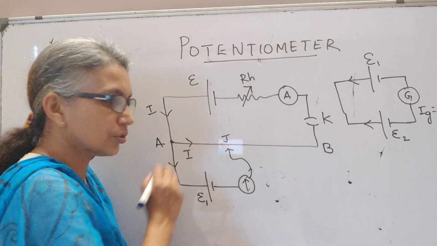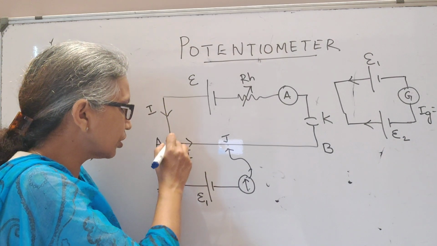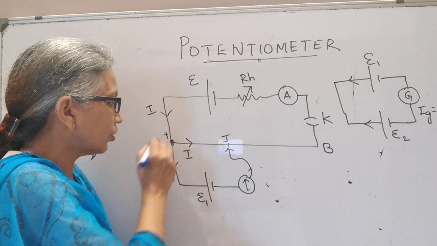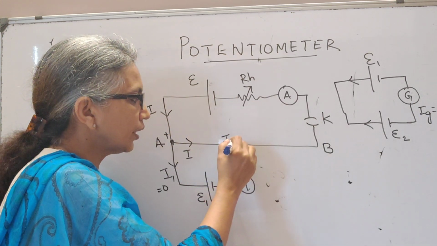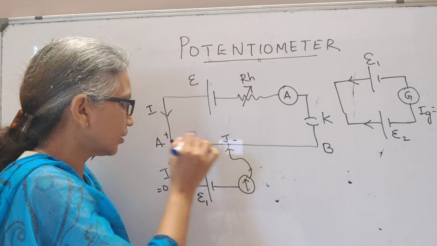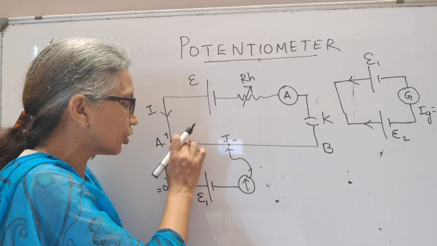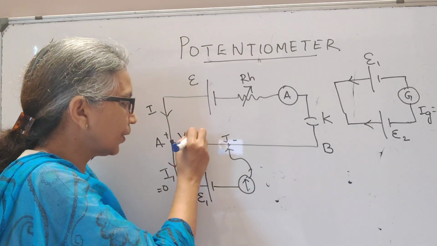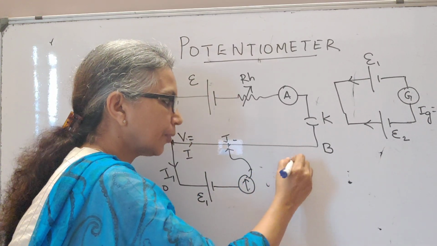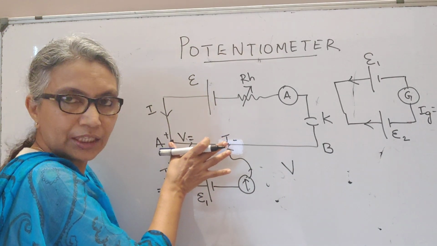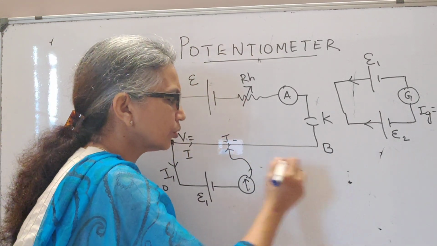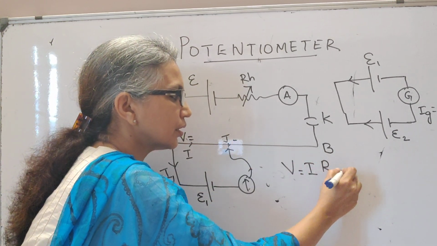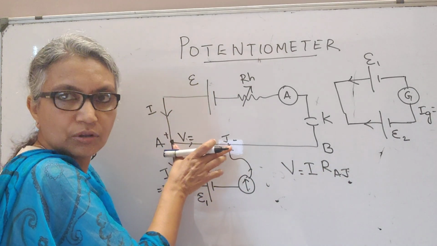Now as this current goes through this wire, there is a potential drop across these two ends. Since this end is connected to the positive, we will call this the positive and this end the negative. So between these, there is a potential difference, which I will call V, and it should be equal to the potential difference across the length AJ, which is the current passing through it multiplied by the resistance offered by this much length of wire.